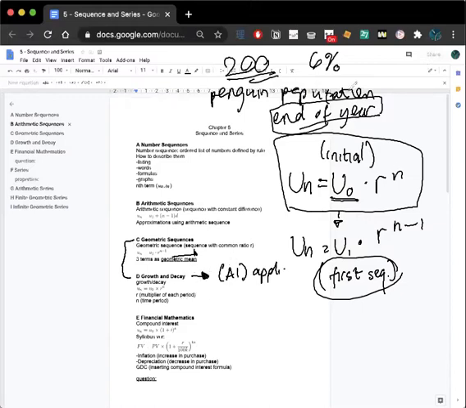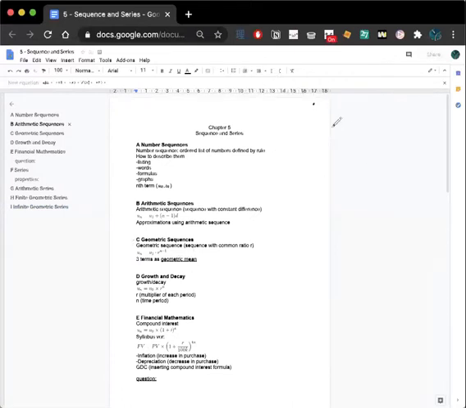Okay, so let me just give you an example to give a further understanding of this thing. Let's say that again we have the population of penguins.